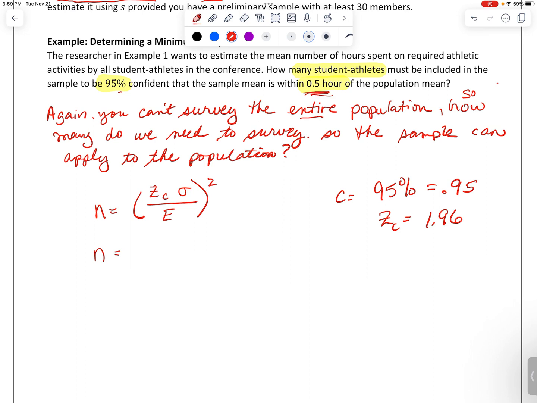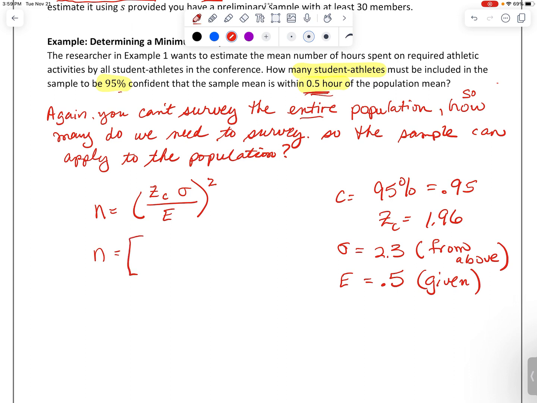Okay. My sigma, my standard deviation is equal to 2.3. Again, this is from above. Remember, we're using the same example throughout this entire section. So it was 2.3 from the above. And my E this time is equal to 0.5. And that was given to us.